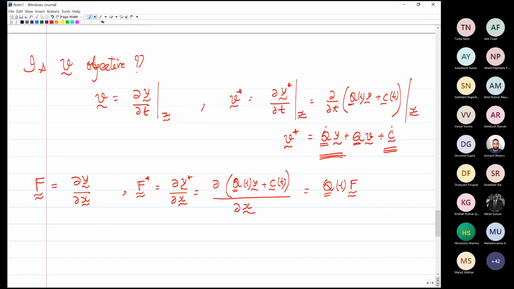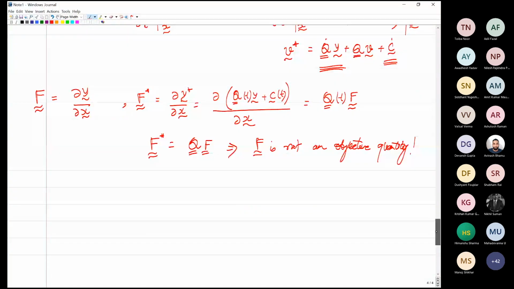So again, you see F is a second order tensor, but F star is equal to Q times F. So again, it's not an objective quantity, right? So that means F is not an objective quantity.